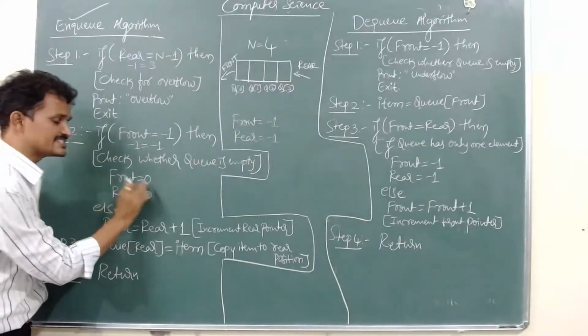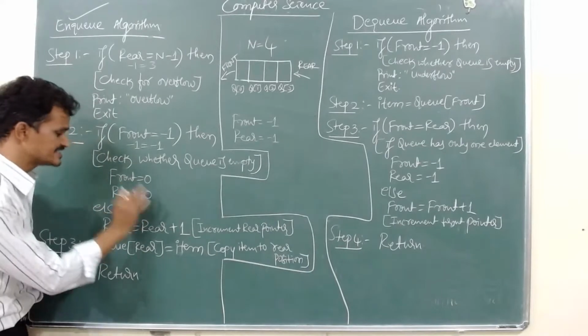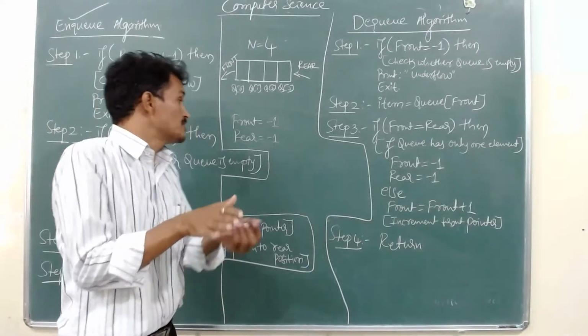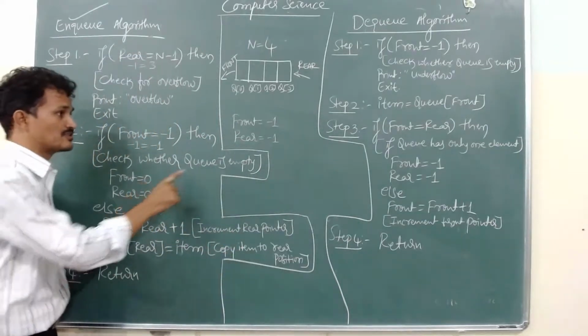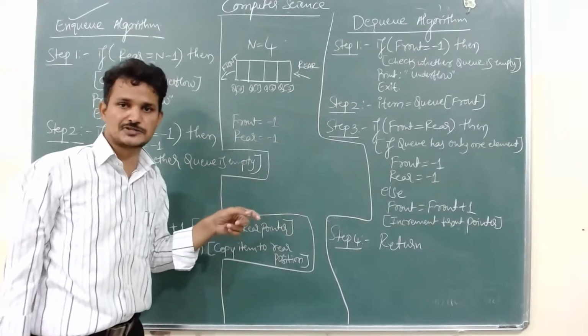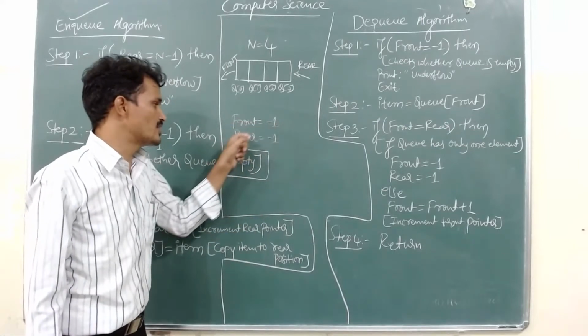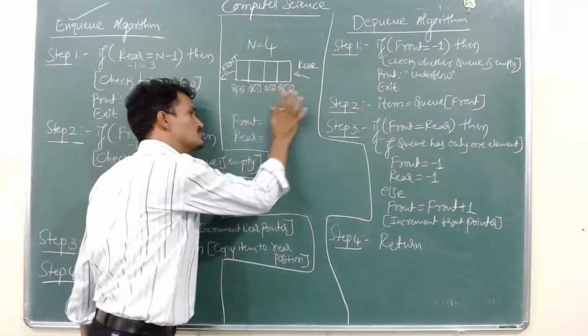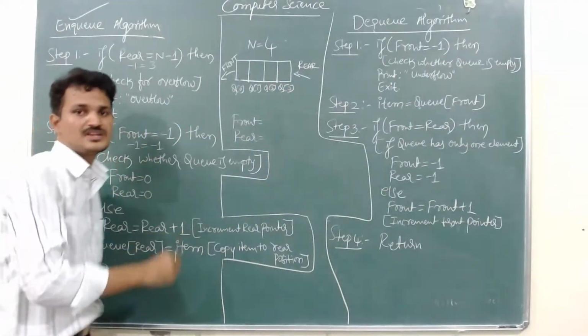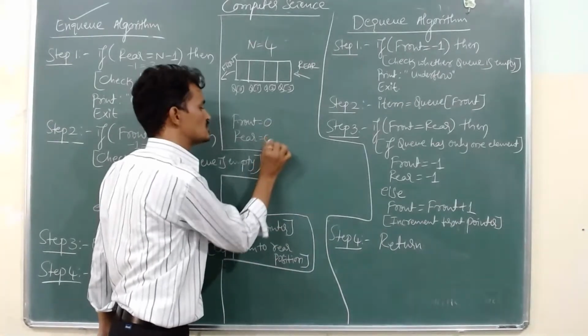So front is equal to 0 and rear is equal to 0. What values were initialized before this? Before this, the values were initialized for these 2 pointers: front is equal to -1, rear is equal to -1. Now the new updated values are 0 and 0.